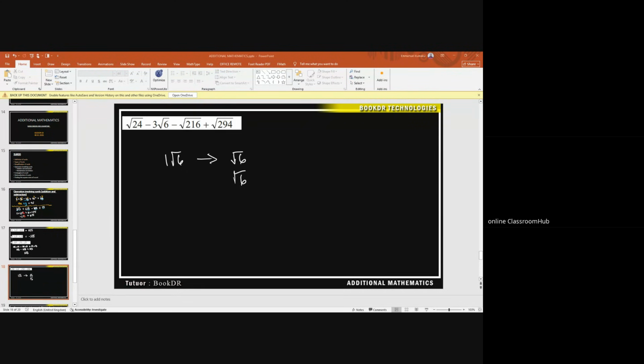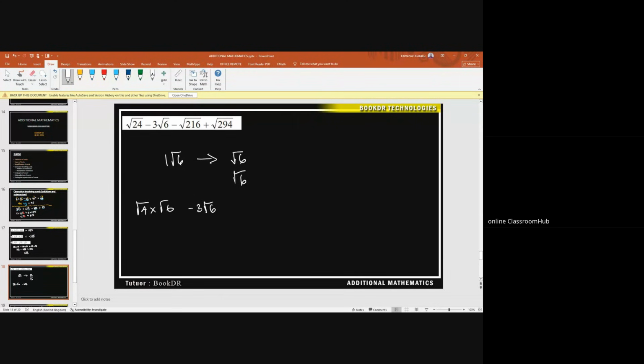So now let's start solving and see whether your answers are correct. The 24 can be written as 4 times 6. That's the square root of 4 times the square root of 6. Then, for the second term, it's already simplified because root 6 cannot be written as a product of two numbers where one is a perfect square.